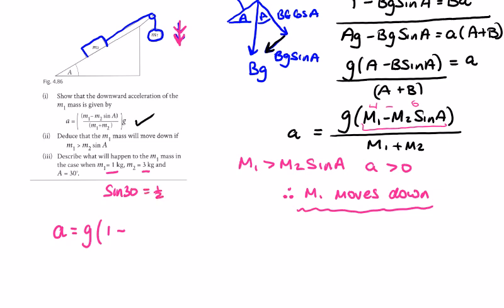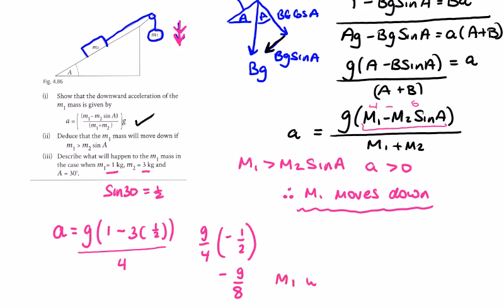So 1 minus 3 times a half over M1 plus M2, which will be 4, or 1 plus 3. So we're going to get G over 4 times 1 minus 3 over 2, which is minus 1 over 2. So we're going to get minus G over 8. So therefore M1, with negative acceleration, will move up.